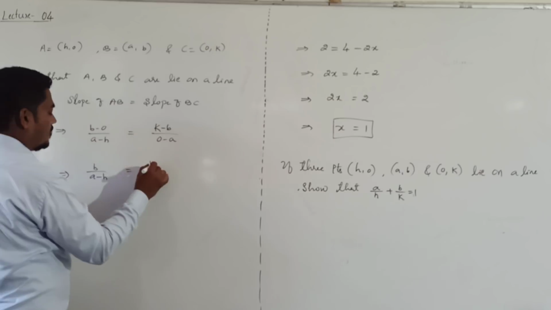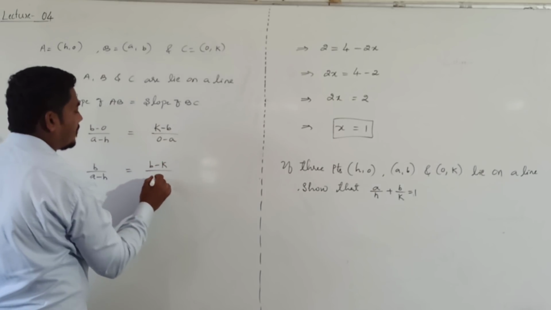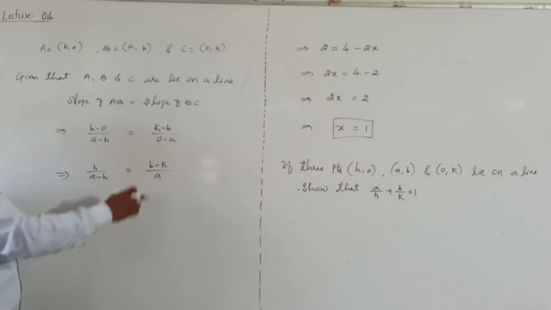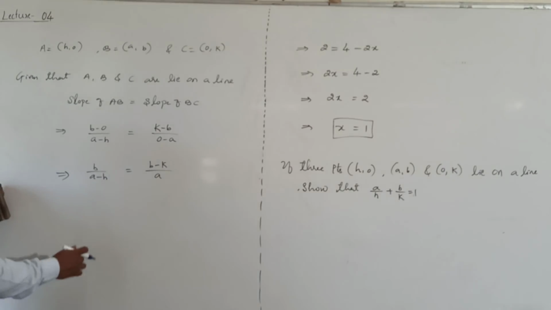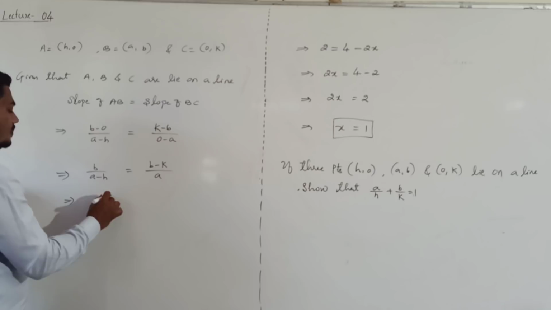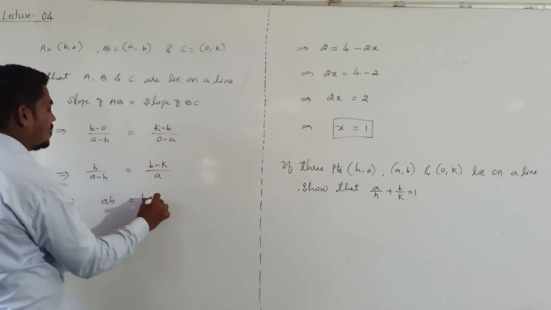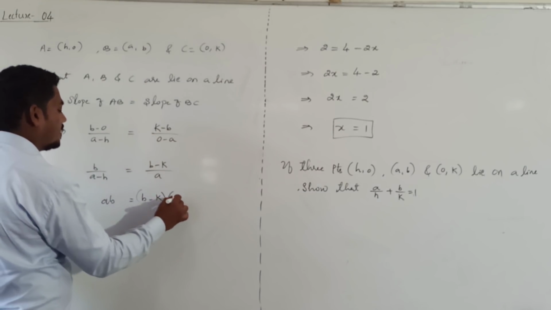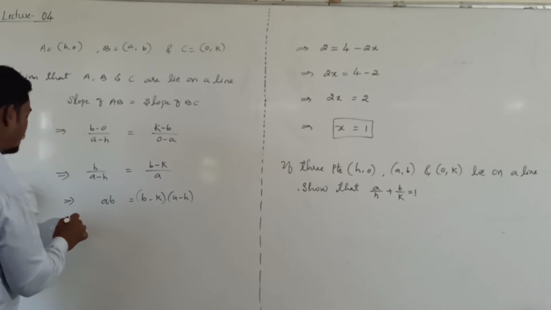So b divided by (a minus h) is equal to (b minus k) divided by a, with the negative sign multiplied. After that just cross multiplication: ab is equal to (b minus k) into (a minus h).